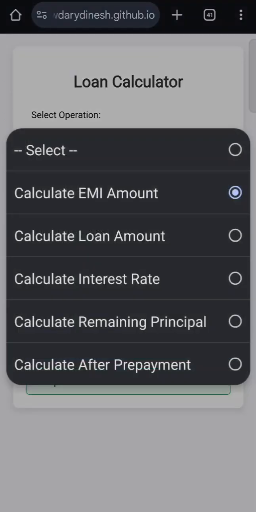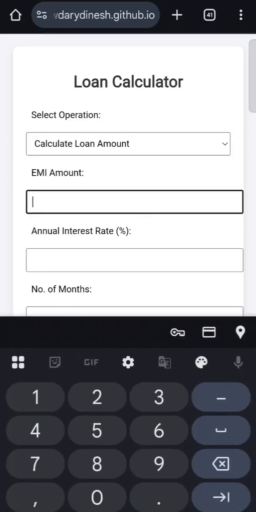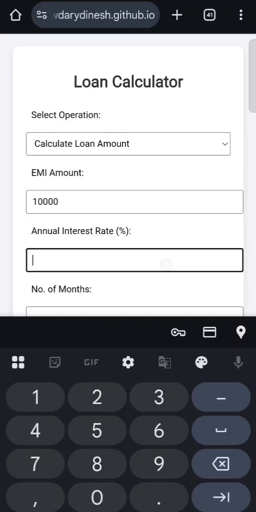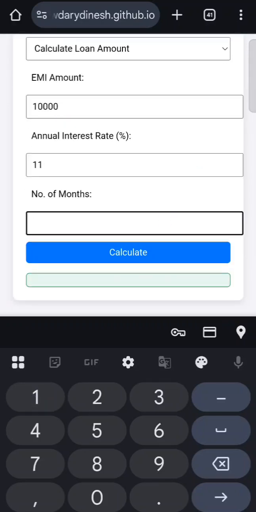Now I wanted to show the next functionality of this calculator, which is to calculate the loan amount. Let's say a person can pay only 10,000 EMI per month, and he approached a bank and they said the interest rate is 11% for him. He can pay that 10,000 per month EMI for, let's say, 24 months, like 2 years.